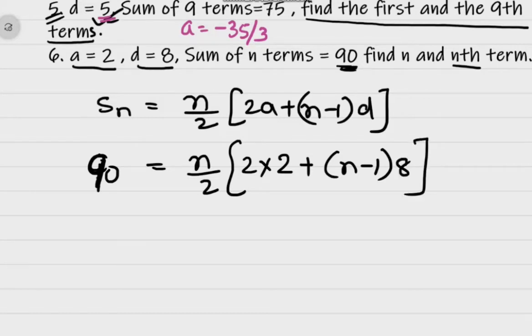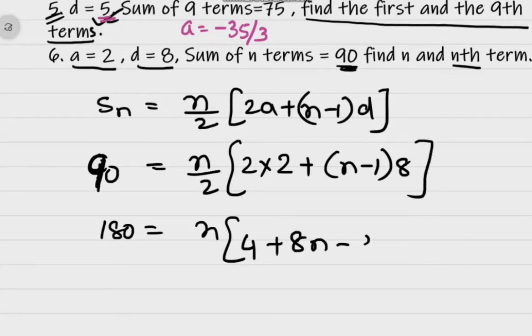This 2 will go up. So 90 into 2 will give you 180. So 180 is equal to n into 4 plus 8n minus 8. Okay, 4 plus 8n minus 8.